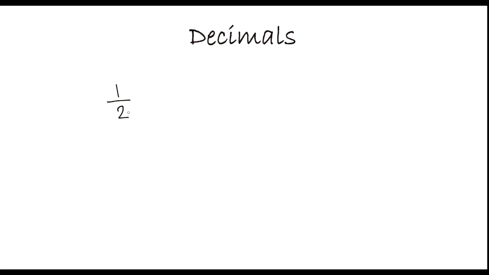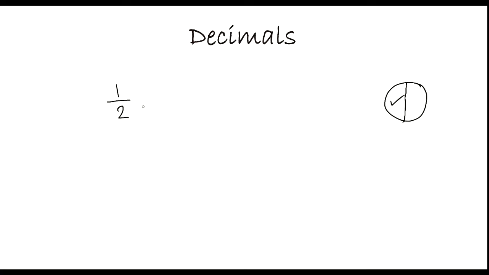It is half of 1. That means it's half of one whole thing. Suppose this is a pizza and you cut it into half, equal parts, and one part is this half.